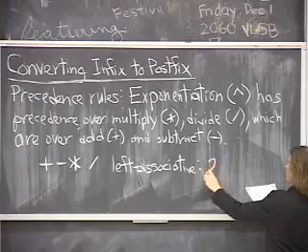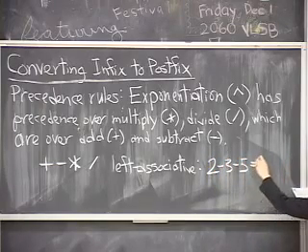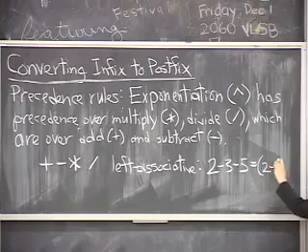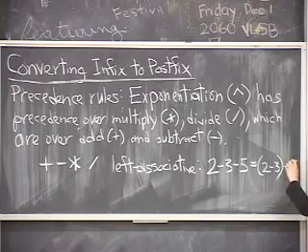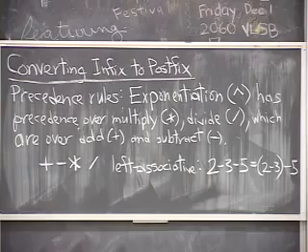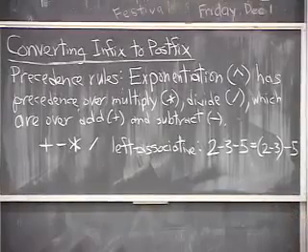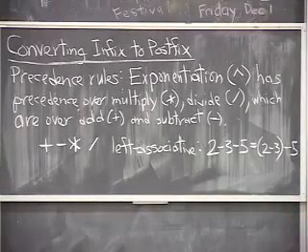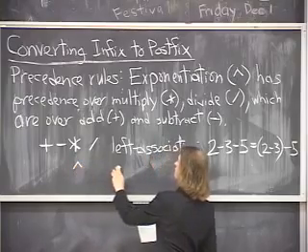And left associative means that if I write 2 minus 3 minus 5, I really mean 2 minus 3, so we do the left one first, and then minus 5. If it were right associative, you'd get a very different answer. But not everything is left associative. Exponentiation is right associative.